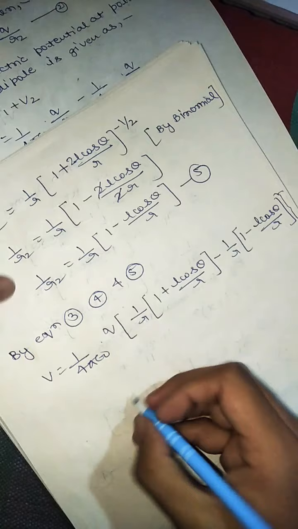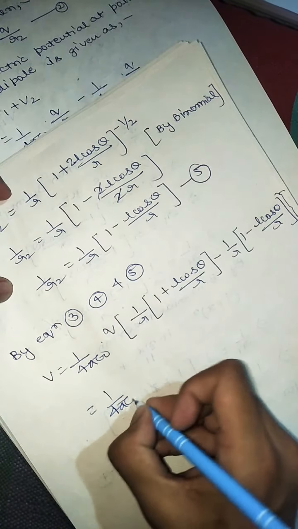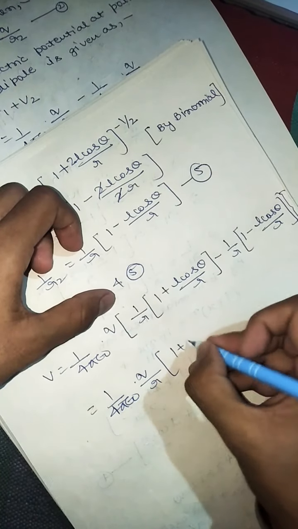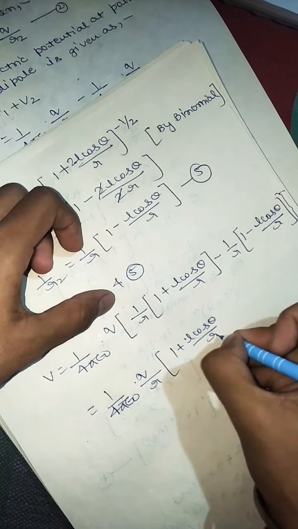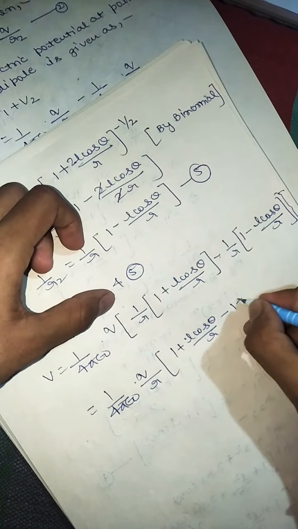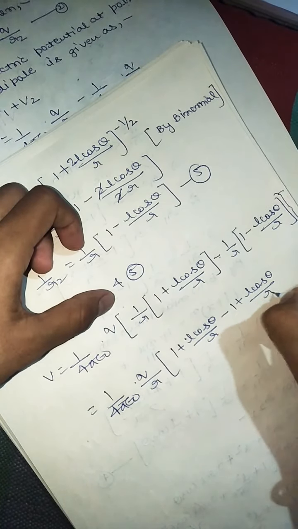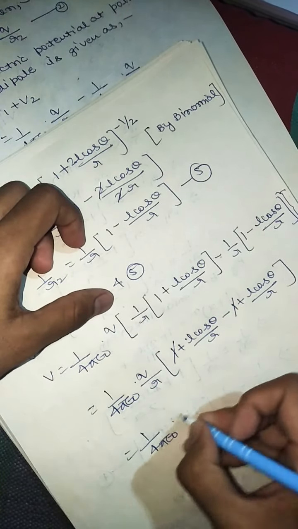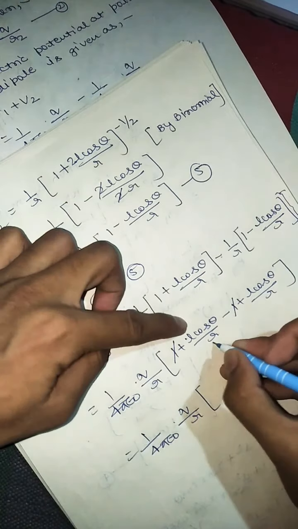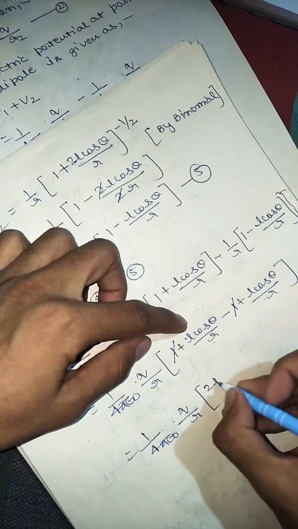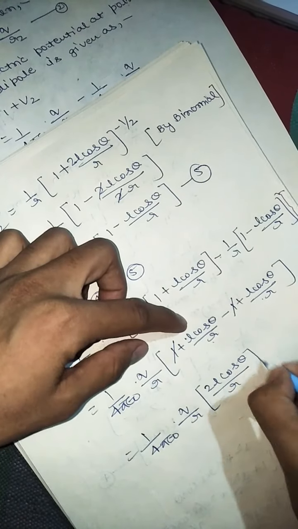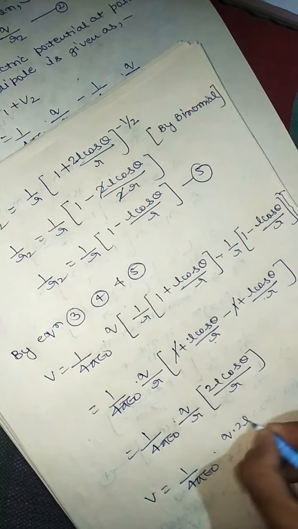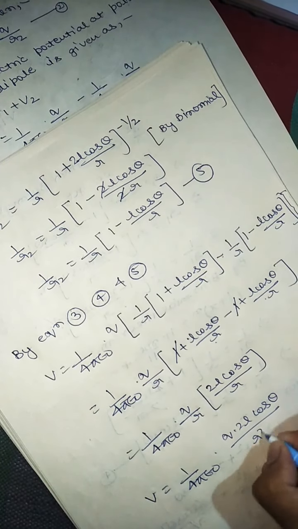Now solving it out, we can see here 1 upon R is common, we are taking that outside, this becomes 1 plus L cos theta by R, minus, we are multiplying with minus, plus L cos theta by R. 1 can be cancelled out, then 1 upon 4 pi epsilon naught Q upon R. This L cos theta by R becomes 2L cos theta by R. That becomes V is equal to 1 upon 4 pi epsilon naught Q dot 2L cos theta upon R square.